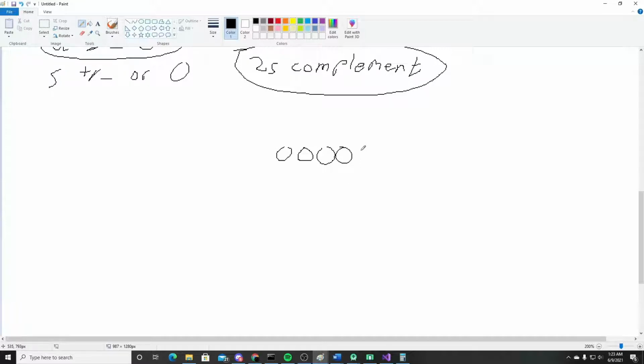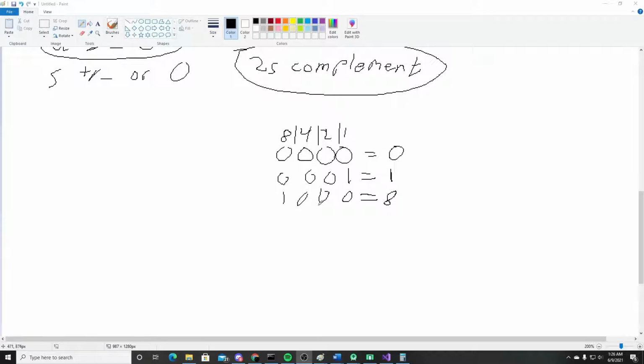Because we have our 1's place, our 2's place, our 4's place, our 8's place, the result of this would just be 0. Likewise, if we had 0, 0, 0, 1, it would be equal to 1. If we had just 1, 0, 0, 0, this would be equal to 8.